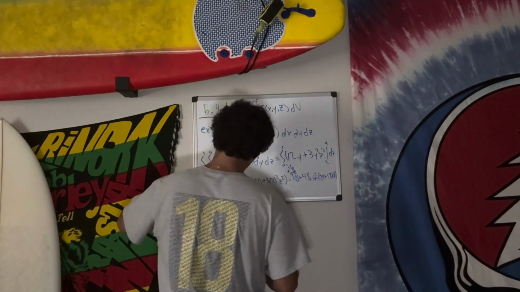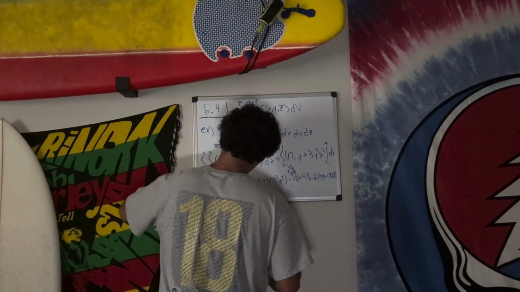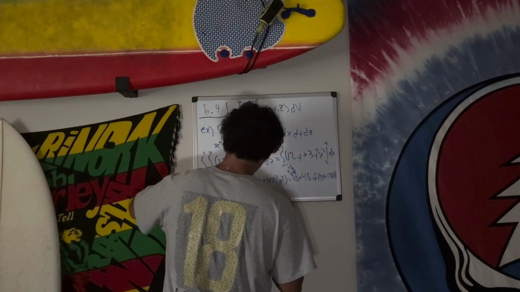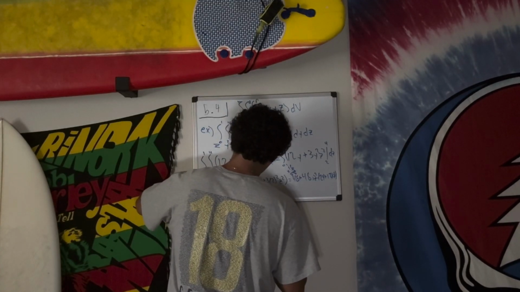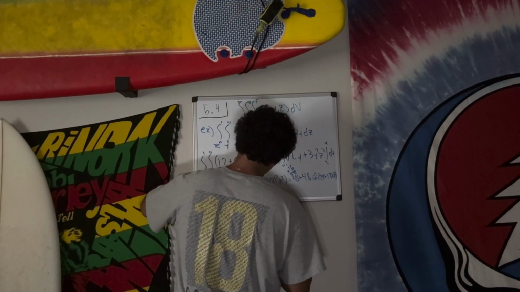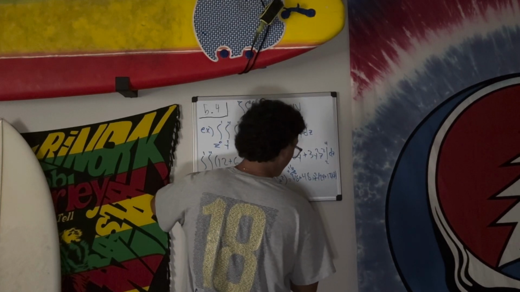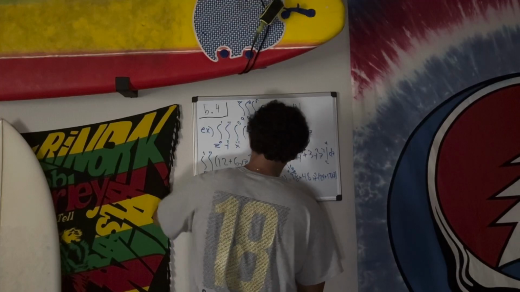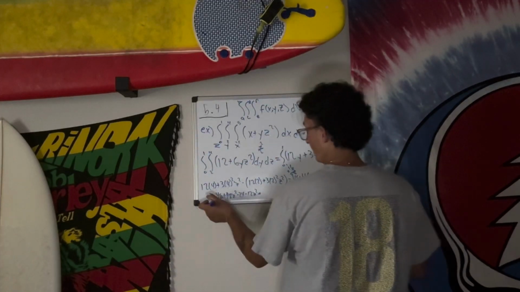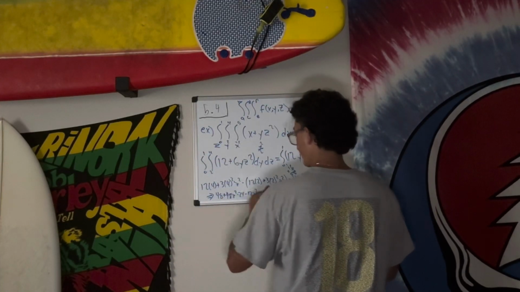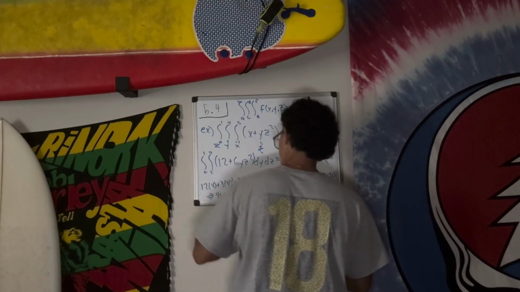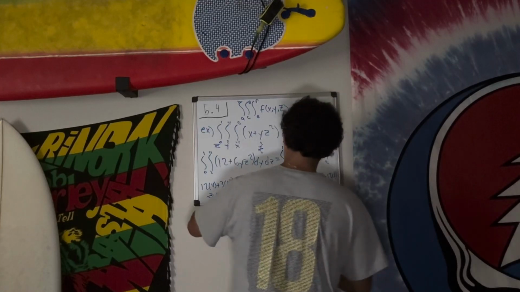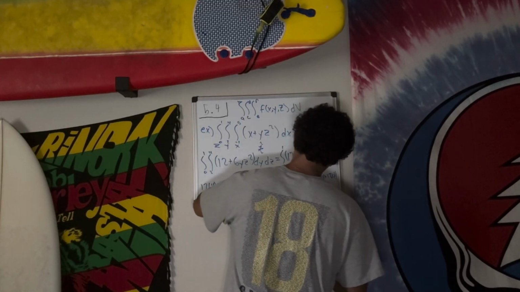So now we have 48 plus 48 z squared minus 24 minus 12 z squared equals. So now we'll combine like terms. 48 minus 24 is 24. 48 z squared minus 12 z squared is plus 36 z squared.